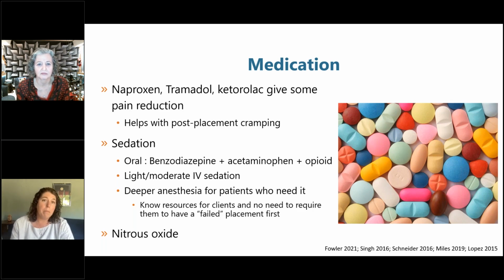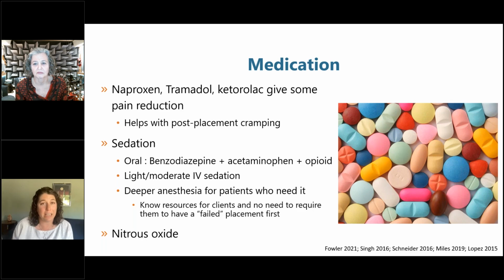And then I'm going to guess that most of you on this call do not have access to an anesthesiologist or a nurse anesthetist in your practice, but for clients who have had previous experiences, or have significant trauma histories, and really would like deeper sedation for their IUD placement, figure out what those resources are and don't require clients to tough it out first, right?